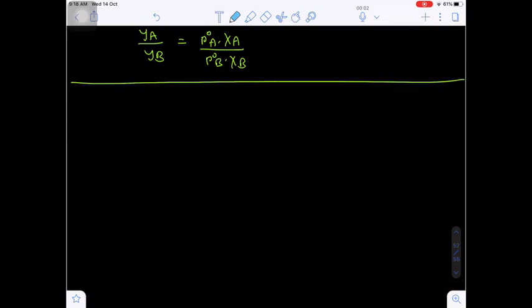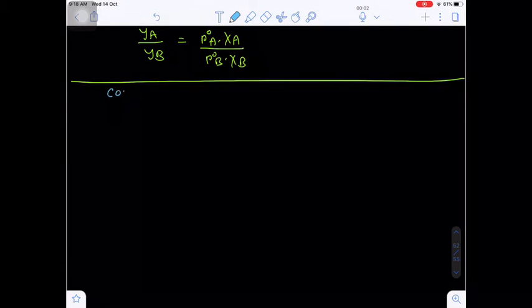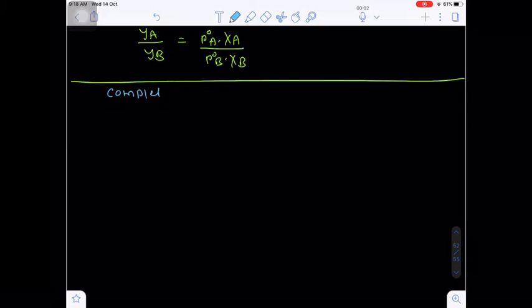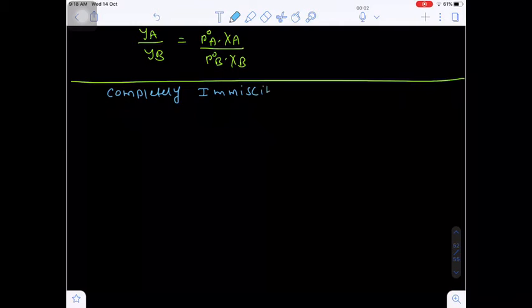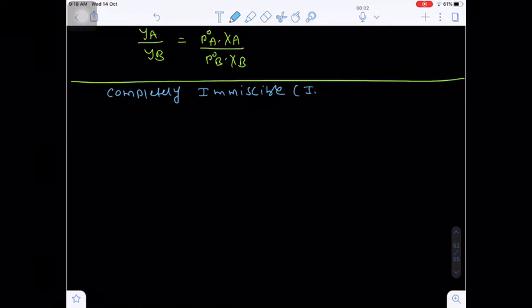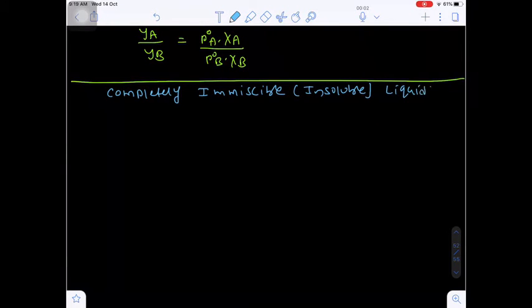And next one, here you see some important concept: completely immiscible liquids. Immiscible in the sense of insoluble liquids.